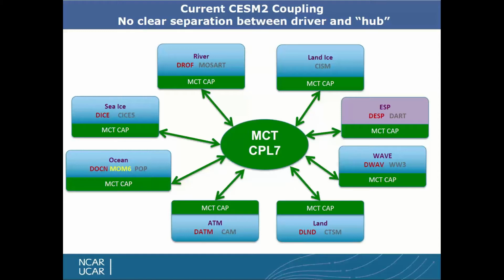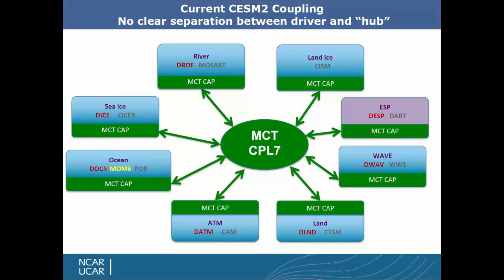So one key drawback, in my view, of Coupler 7, and one of them, is that there really is no clear separation in the infrastructure between the driver, the hub, and the connectors. They're really all bundled together in effect in one driver code.